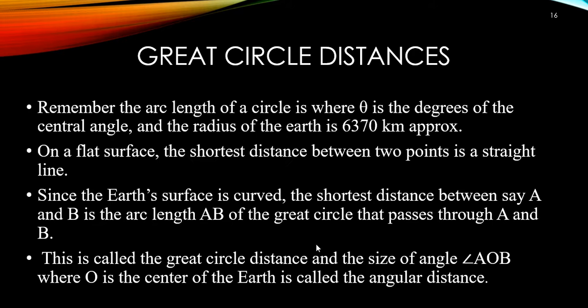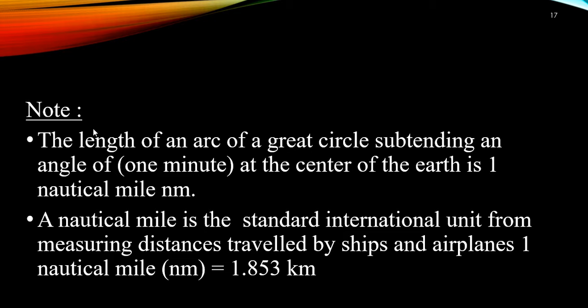Note, the length of an arc of a great circle subtending an angle of 1 minute at the center of the Earth is 1 nautical mile. A nautical mile is the standard international unit for measuring distances traveled by ships and airplanes. 1 nautical mile is equal to 1.853 kilometers.